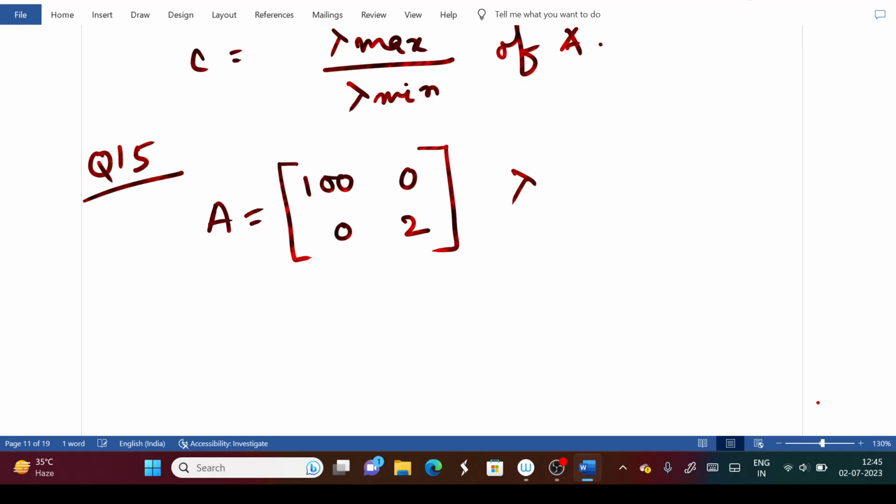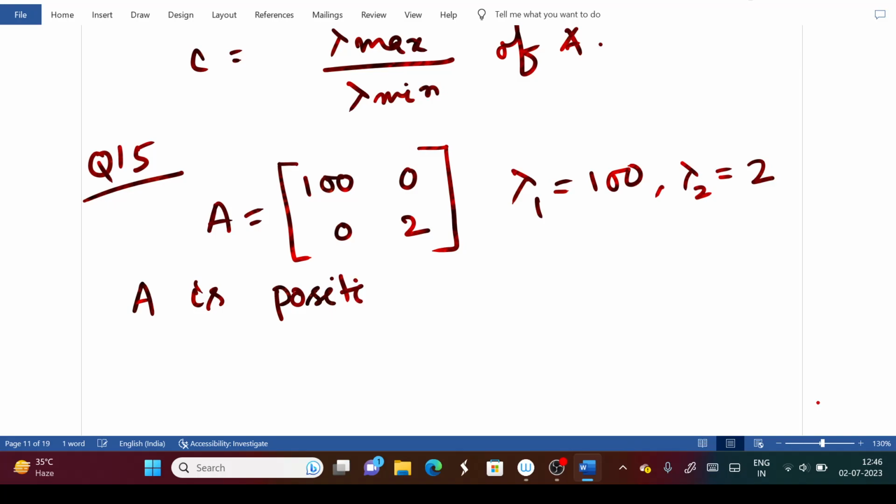It is symmetric, and all the eigenvalues are positive: lambda 1 is equal to 100, lambda 2 is equal to 2. So A is positive definite. Why is it positive definite?